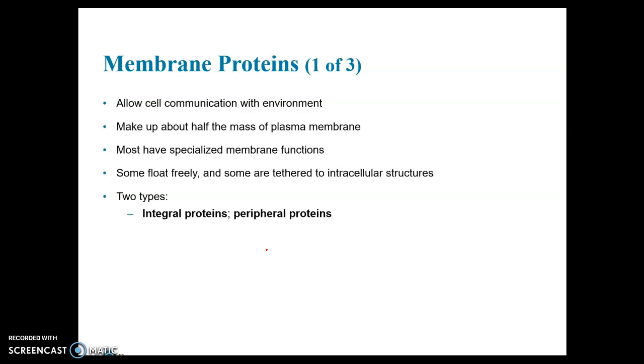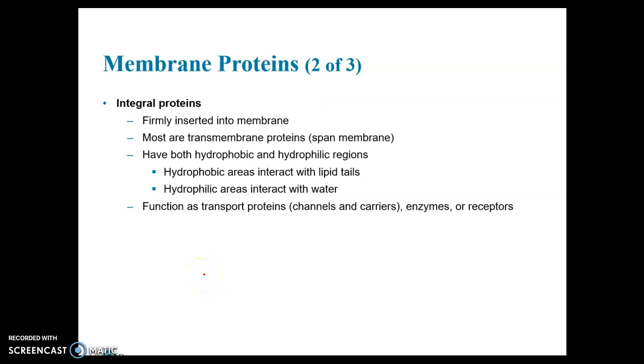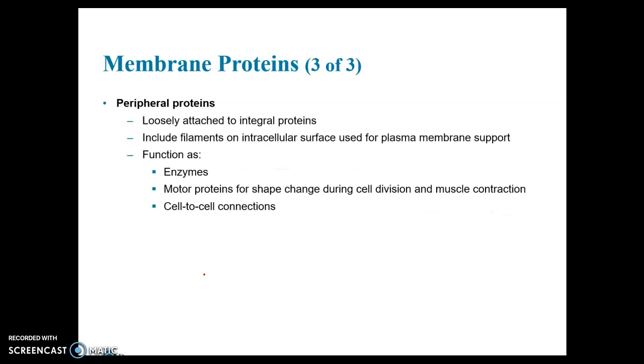And now we're going to talk about the membrane proteins. Membrane proteins allow cell communication with the environment. They have many functions. There are two types, integral and peripheral. Integral means that they span the entire plasma membrane, and peripheral means that they're only on one side, outside or inside the membrane.